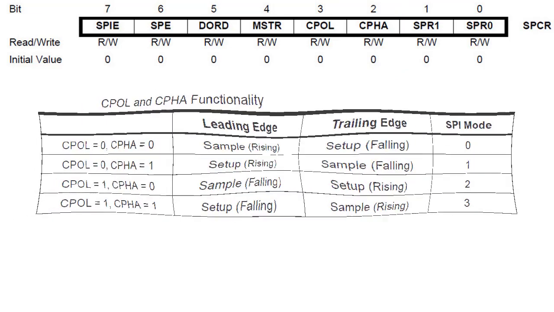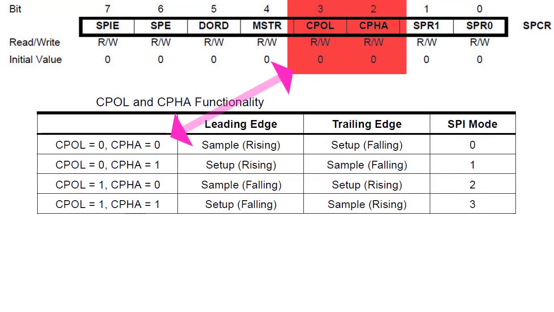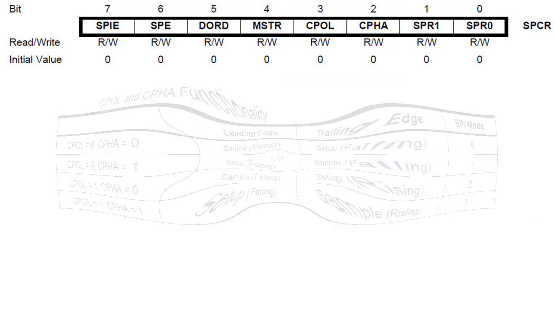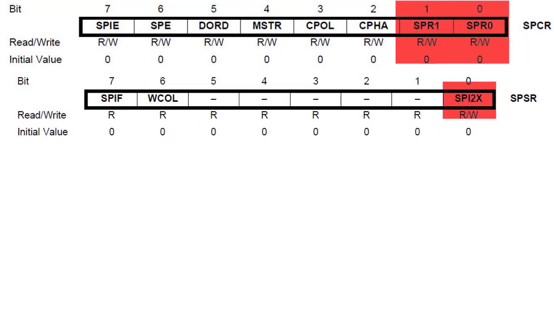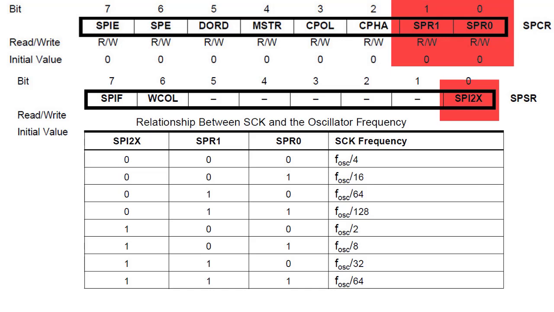There are 4 combinations of SCK phase and polarity with respect to serial data, which are determined by control bits CPHA and CPOL. These two bits and bit 0, SPI2X, in the SPI status register, SPSR, control the SCK rate of the device configured as a master.